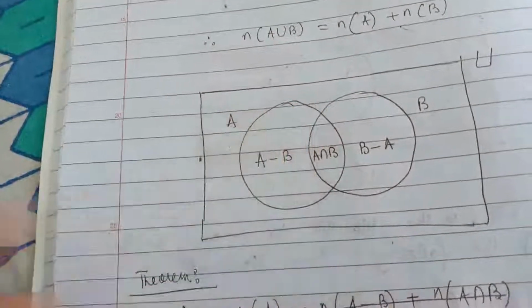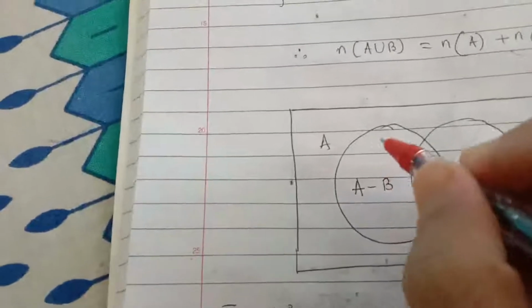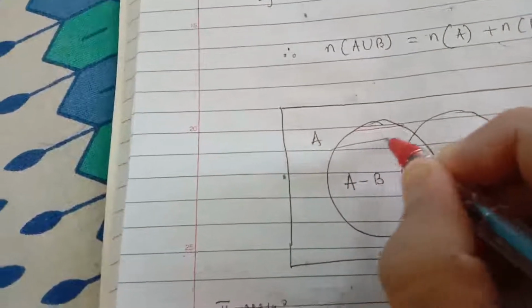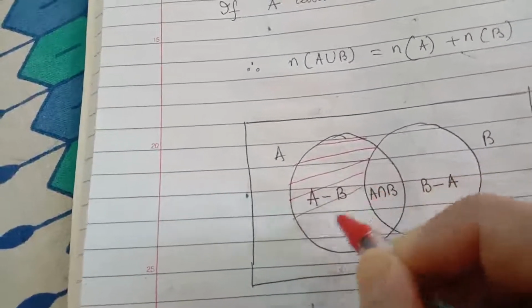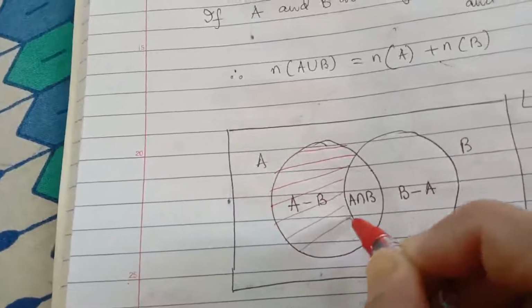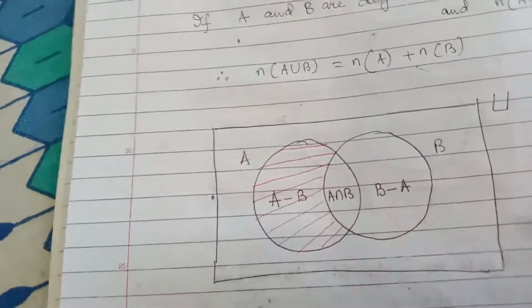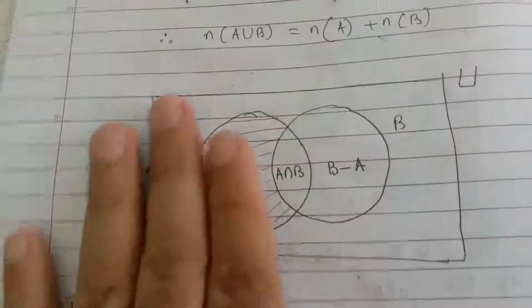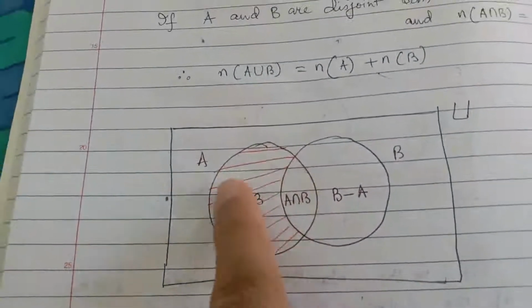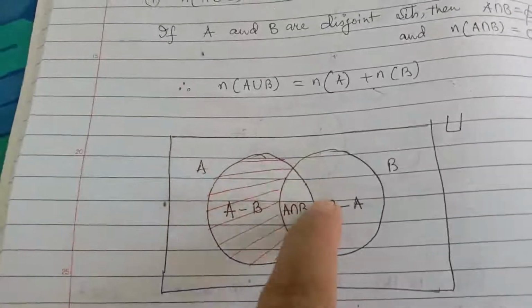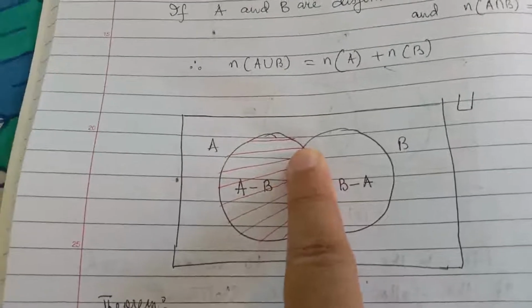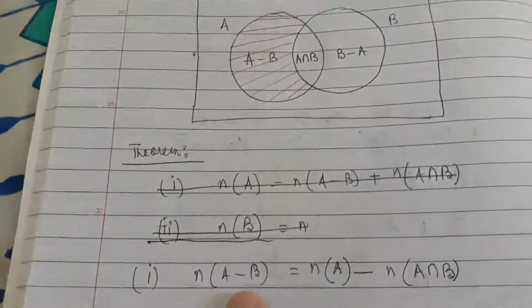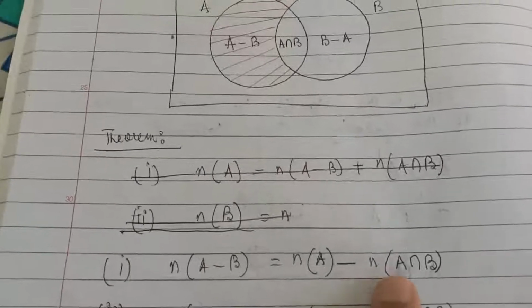This set n(A minus B), let us mark the set A minus B. This is the set A minus B. n(A minus B) equal to this shaded part, which is the whole set A minus A intersection B. Number of elements in A minus B equal to n(A) minus n(A intersection B).